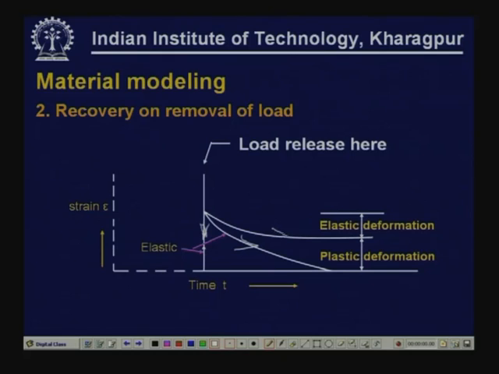whereas this material has recovered partly and part of the deformation is not recovered, which is known as plastic deformation. The part of the deformation that is recovered is known as elastic deformation. So, this is partly elastic and partly plastic. So, we can see there are different types of materials: purely elastic, viscoelastic.